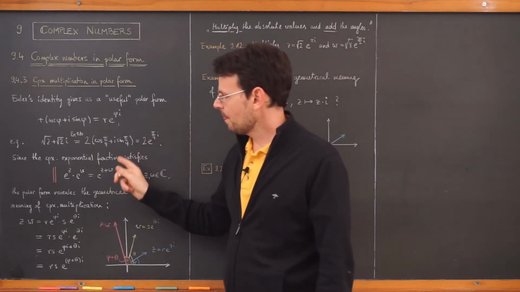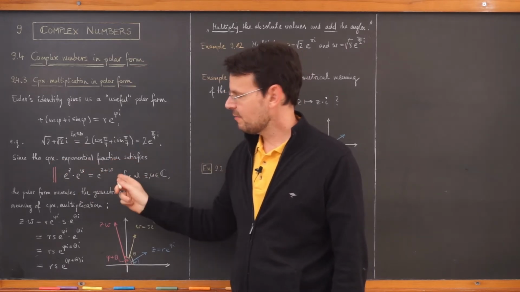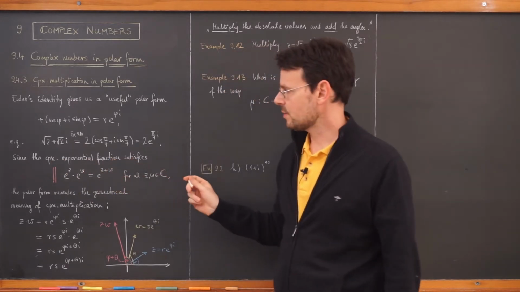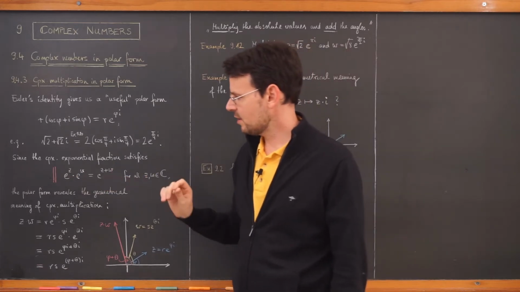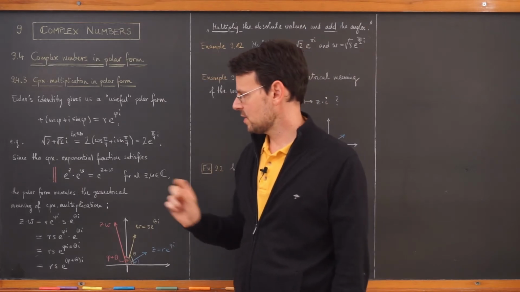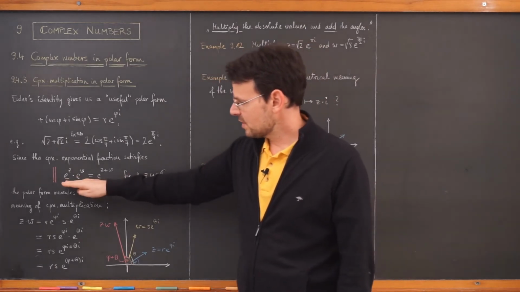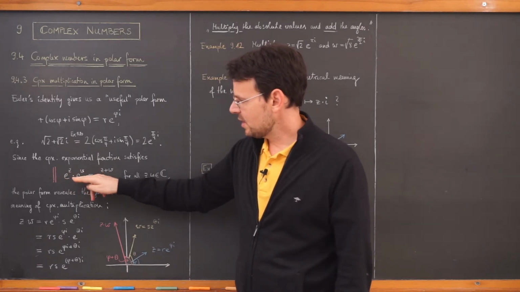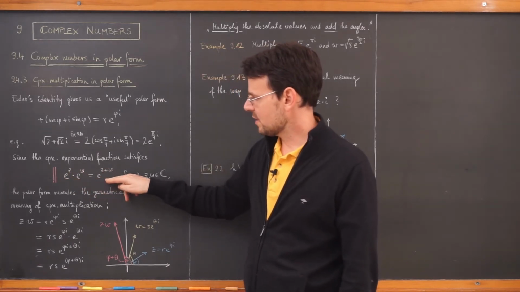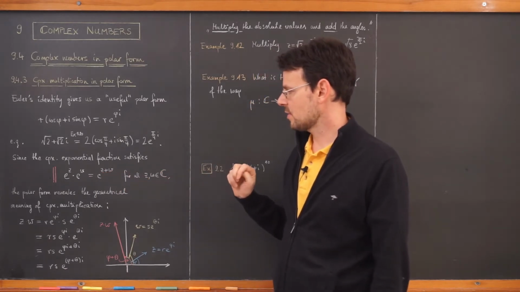And now, the complex exponential function satisfies the same functional equation as the real exponential function. We just state that here without proof. You would have to manipulate the series using the so-called Cauchy product. We're not going to do that here, but we simply accept that e to the z times e to the w is the same as e to the z plus w for all complex numbers.